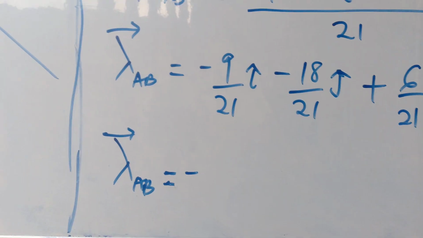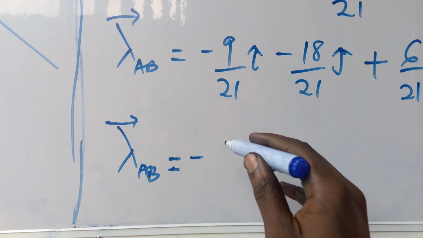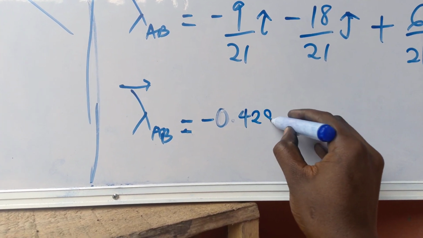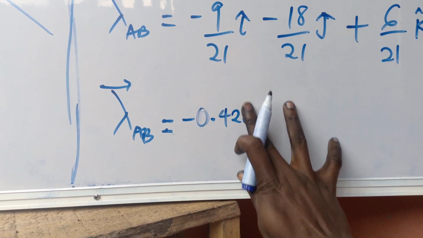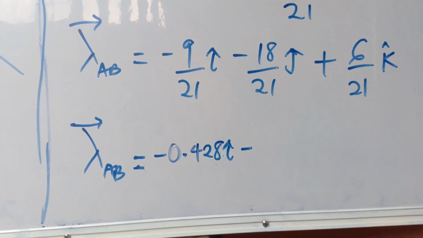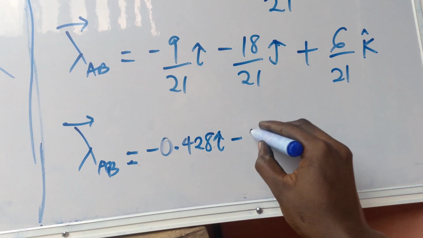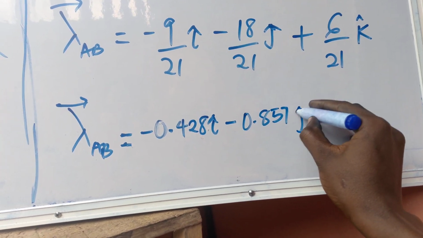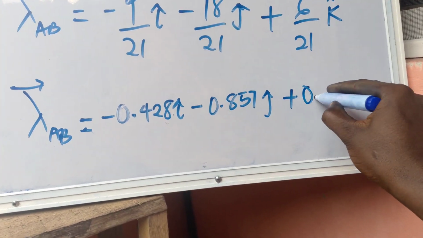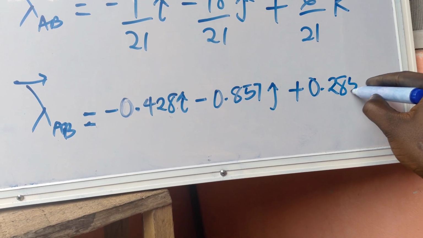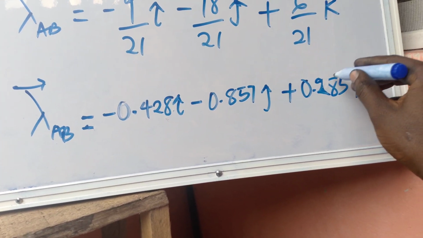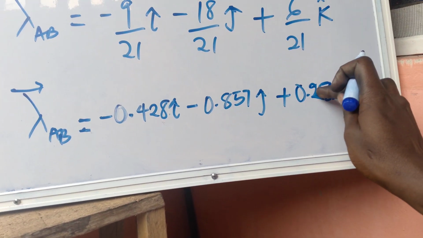If I divide this, I have minus 0.428I. Then dividing the other two, I have 0.857J, and dividing this, 0.285K.